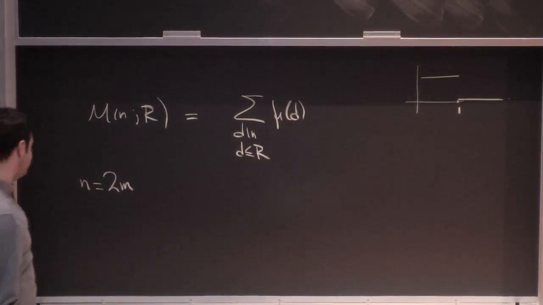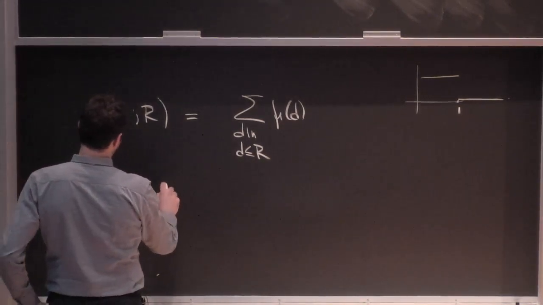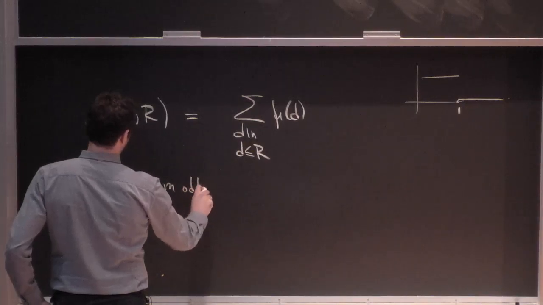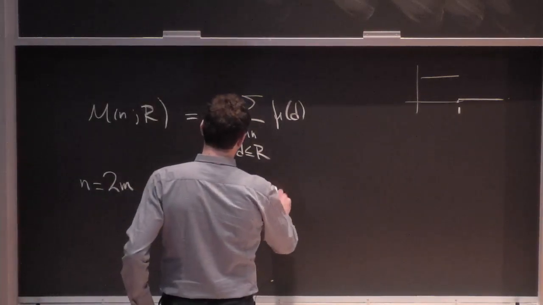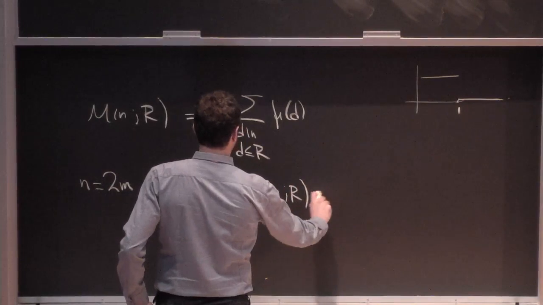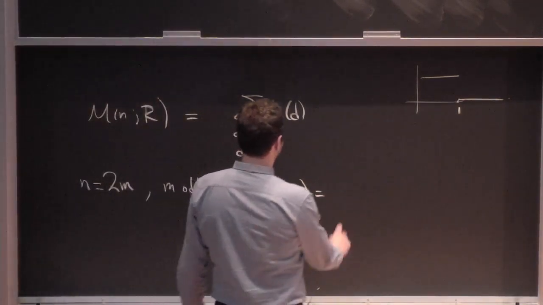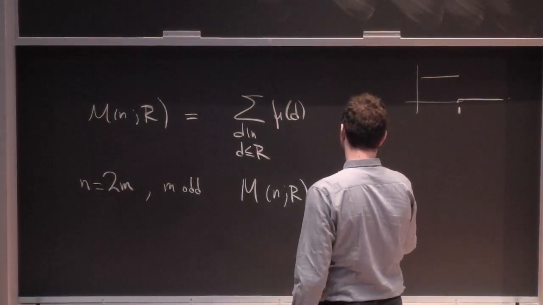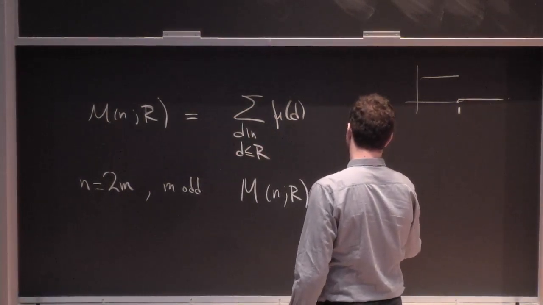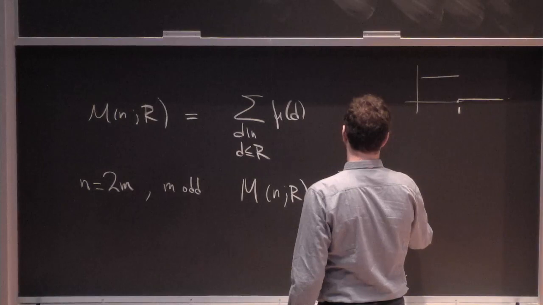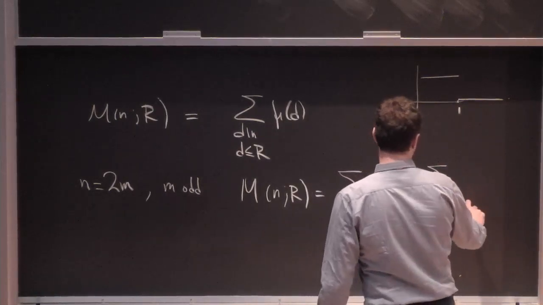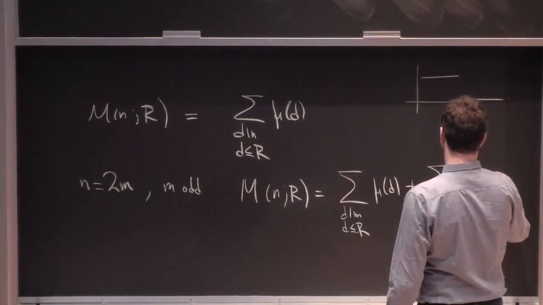Let's consider an integer that is 2 times m, where m is odd, and let's look at what happens to this weight. So the sum for n r, in this case, I can split into 2 parts: those divisors that are only divisors of m, plus those divisors that have 2 in them.